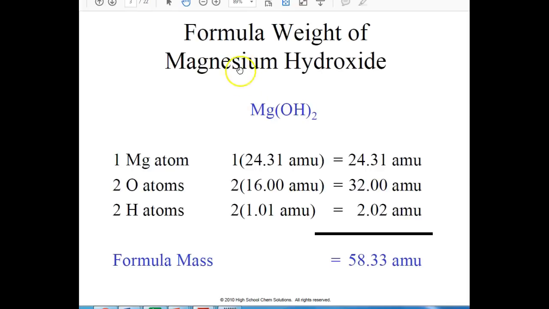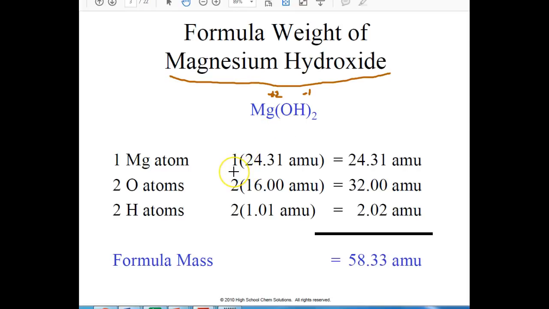Okay, for example, if we wanted to find the formula weight for magnesium hydroxide, well, first we have to remember how to write a formula. So remember, magnesium has a +2 charge, and hydroxide has a -1 charge. So we need 2 hydroxides and 1 magnesium. All right, so once we have our formula, then we're going to find the mass of each atom in the formula.